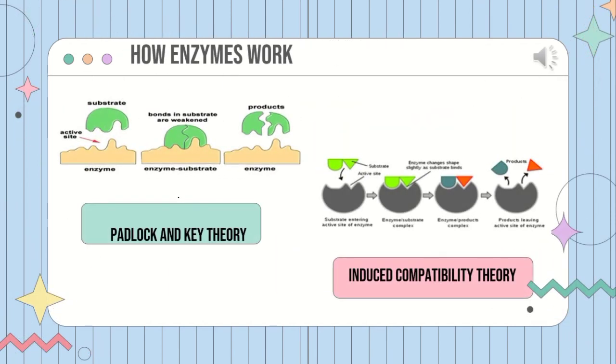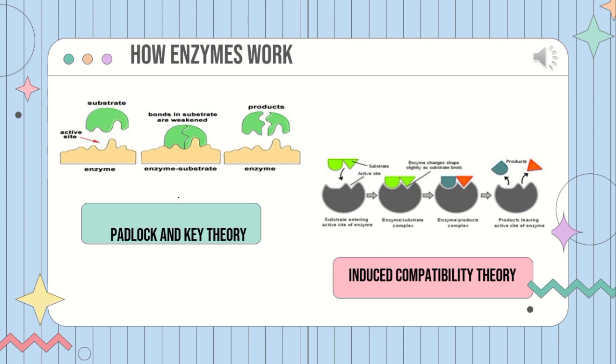Okay, how do enzymes work? It is explained in two theories. The first one is the lock and key theory. According to this theory, enzyme and substrate are considered as lock and key. An enzyme only works for one kind of substrate by binding to the active site. The second one is the induced fit theory.